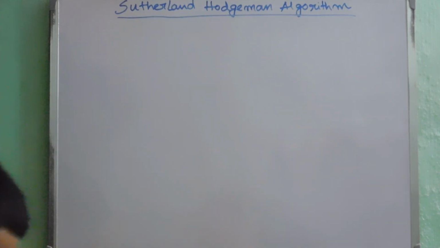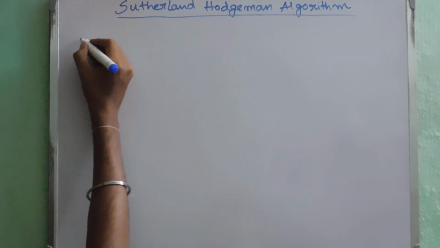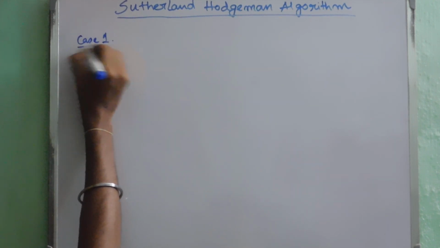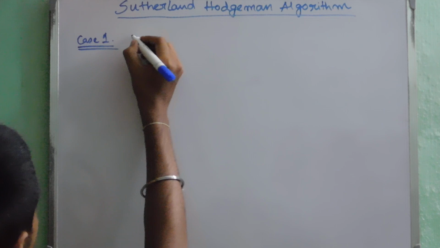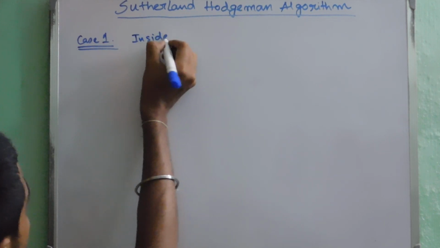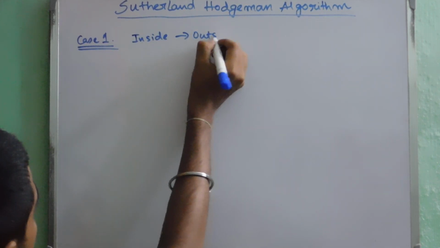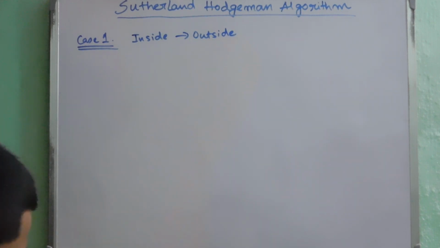Now the first case, case 1. Case 1 is when the edge of the polygon is from inside to outside. Then what will we do?